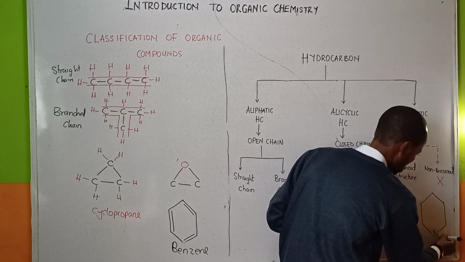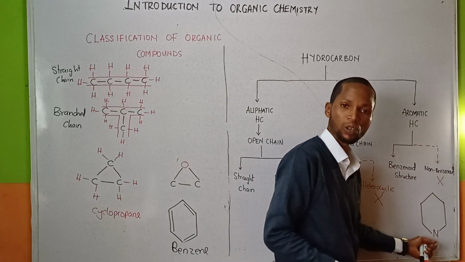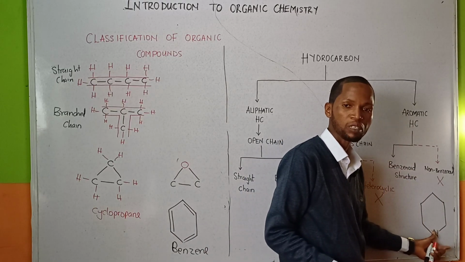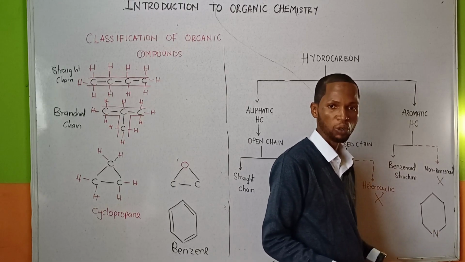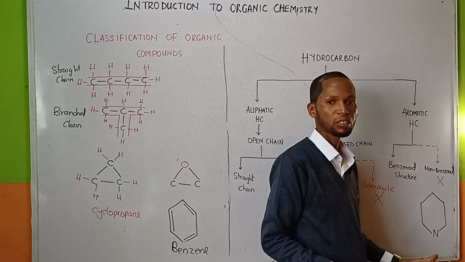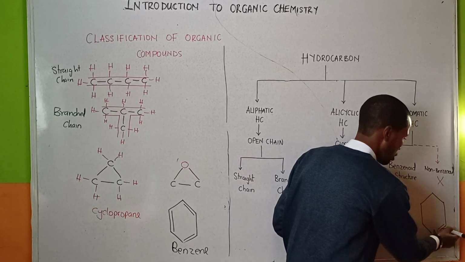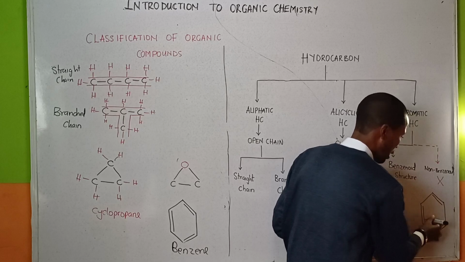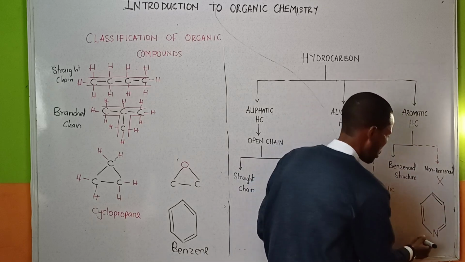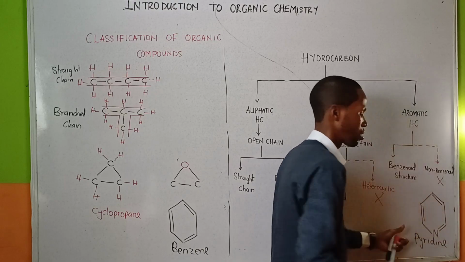It has a similar structure to benzene, but one of the carbons has been replaced with what? Nitrogen. So since we have an atom other than carbon and hydrogen, we cannot say this compound is a hydrocarbon. So this is the pyridine compound.